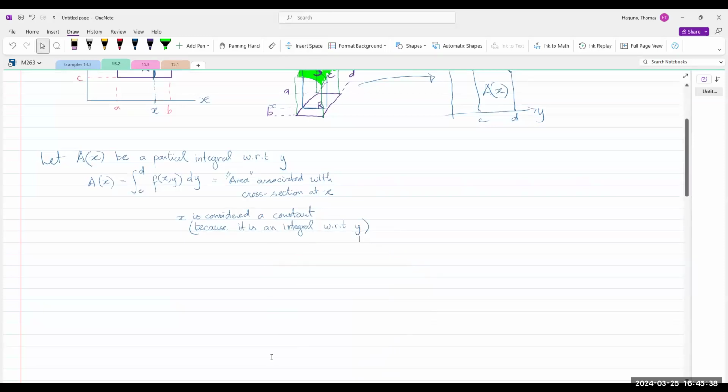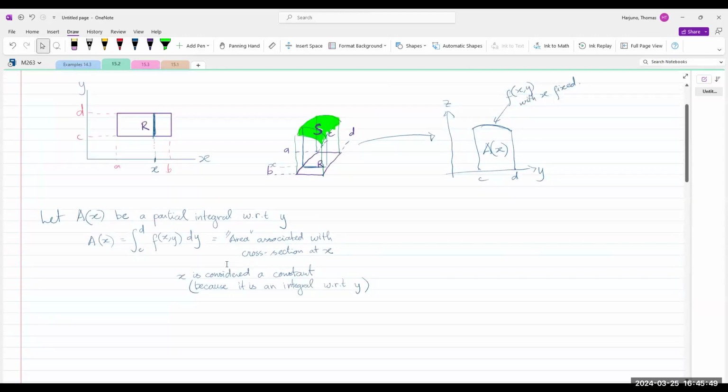Now, if we go on further, the volume, quote unquote, the volume, I use quote unquote here because that's only true if the function f(x, y) is non-negative, is therefore the summation of all areas of those cross sections with respect to x.